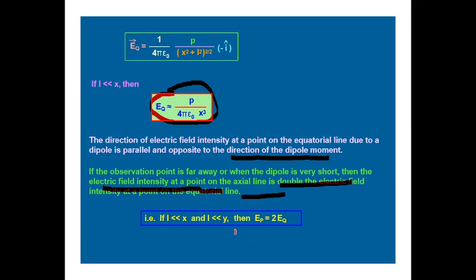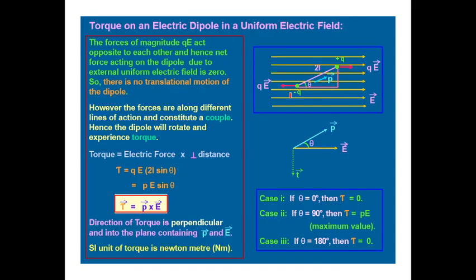These are the two important articles: electric field due to the electric dipole on the axial line as well as on the equatorial line. This derivation is important for numericals as well as for derivations. A 3 marks question may be asked on this topic.